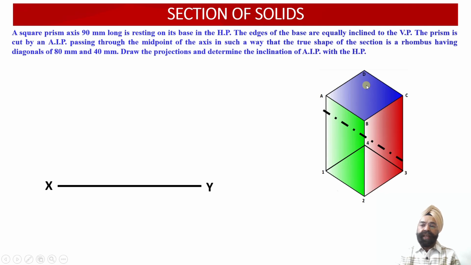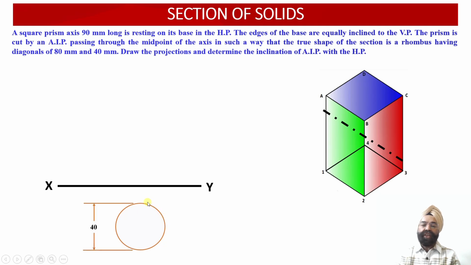Since we have been provided with the information that the diagonals BD and AC, similarly the diagonals 2, 4 and 1, 3, are equal to 40 millimeter, using this information we can now check.